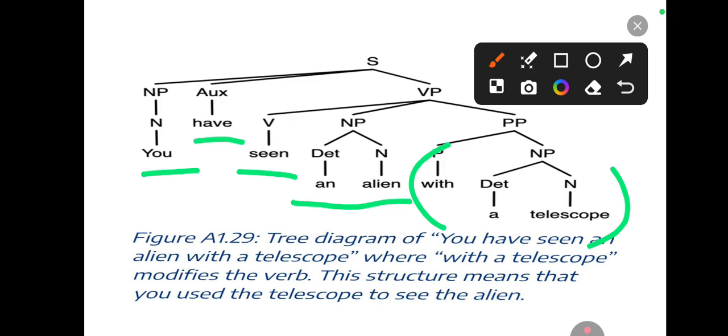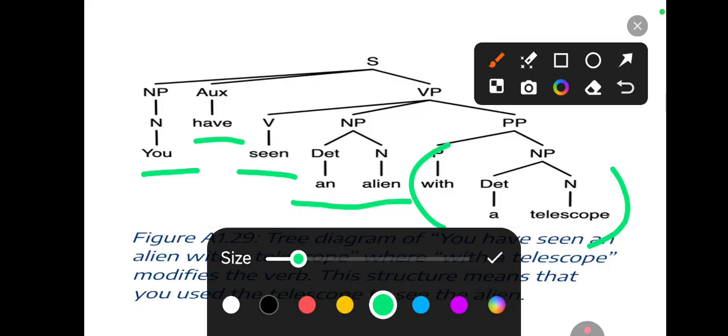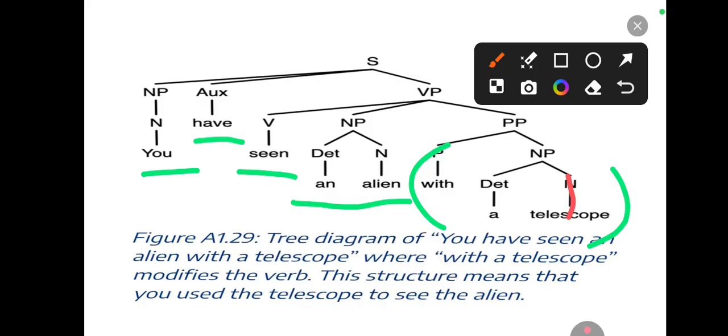So the telescope, who has the telescope? Whether the alien or you, who is having the telescope? Because you have seen an alien through a telescope, or you have seen an alien who is watching through a telescope, not clear, right?